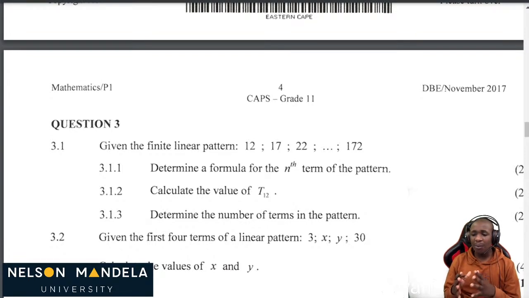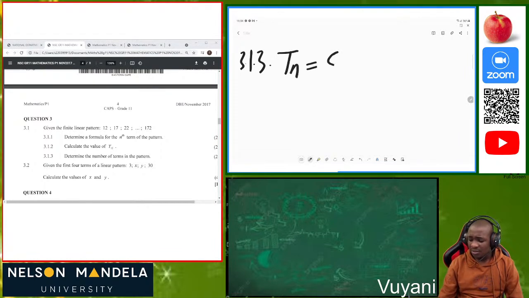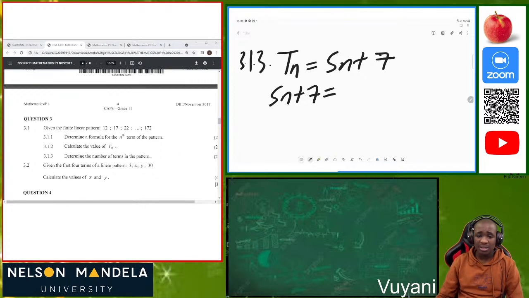In this case, our last term is 172. So Tn, which is 5n plus 7, must be equal to the last term in the sequence, 172.